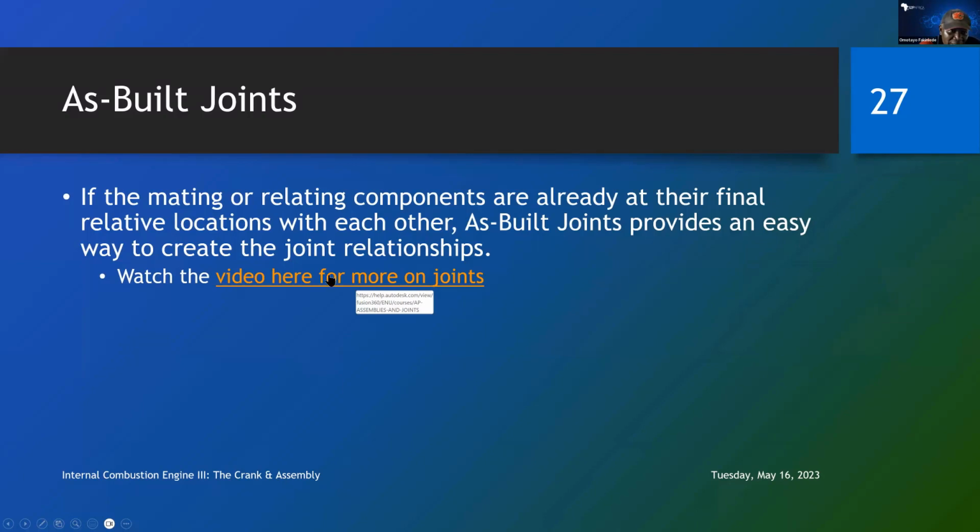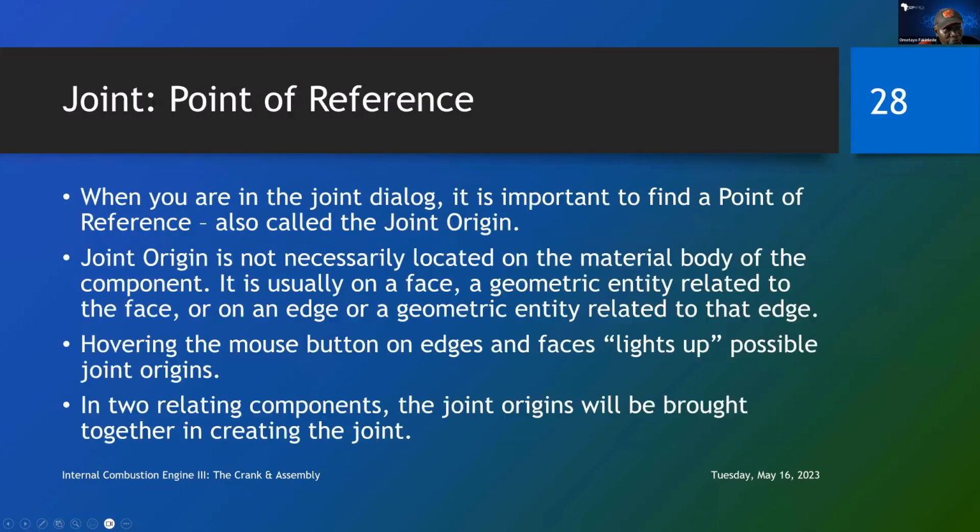I will leave you to click this from the comfort of your homes. So the joint has a point of reference. When you are in a joint dialogue, it is important to find a point of reference, also called the joint origin. The joint origin is not necessarily located on the material body of the component. It is usually on a face, that is on the surface, or a geometric entity related to the face, or an edge, or a geometric entity related to that edge.